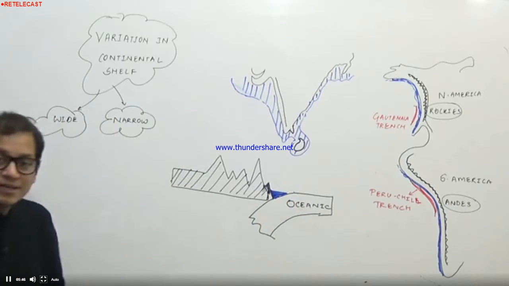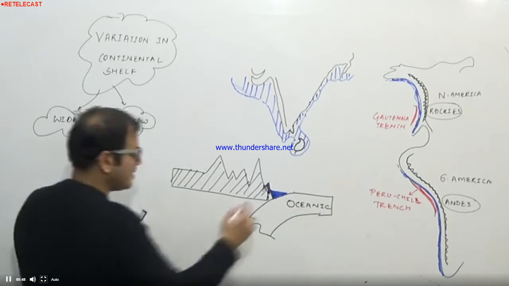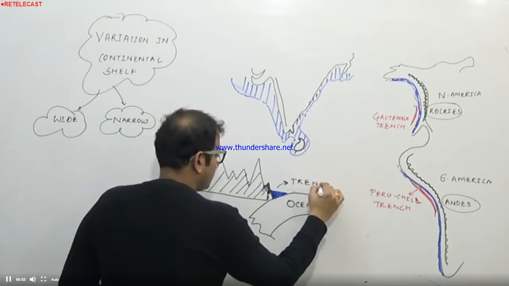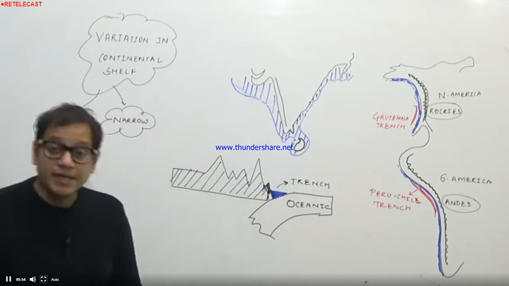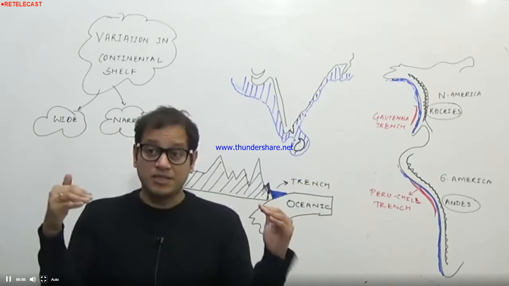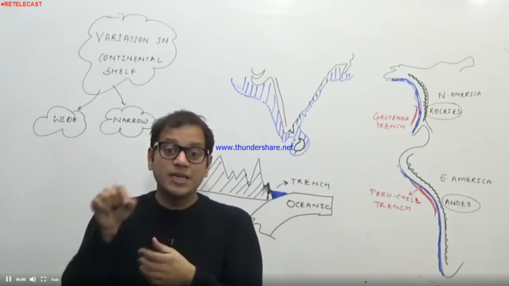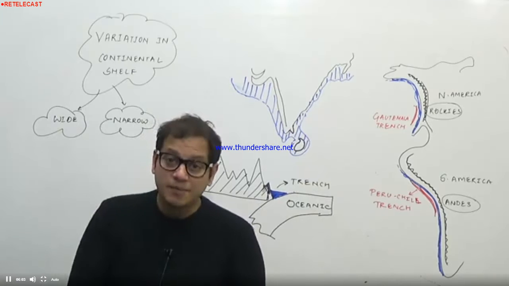The blue shaded area, this is an oceanic trench. What does it indicate? It indicates the subduction zone. Subduction means going down. It indicates the area where the oceanic plate is going below the continental plate.